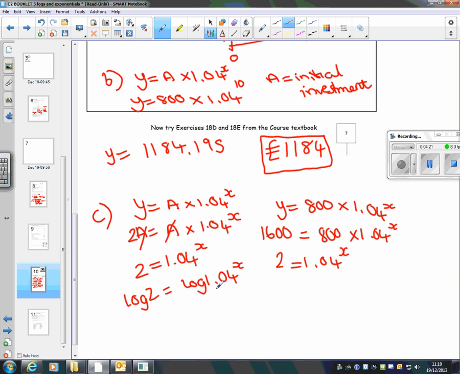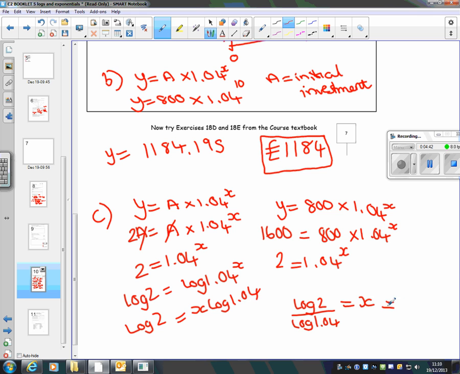So if we log both sides, that then enables us to bring that x to the front. And we want to find out x, so we need to divide both sides by log 1.04. And we can work that out on our calculator. Log 2 divided by log 1.04.